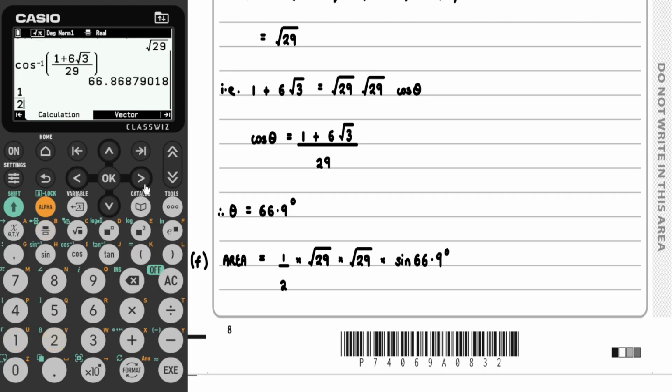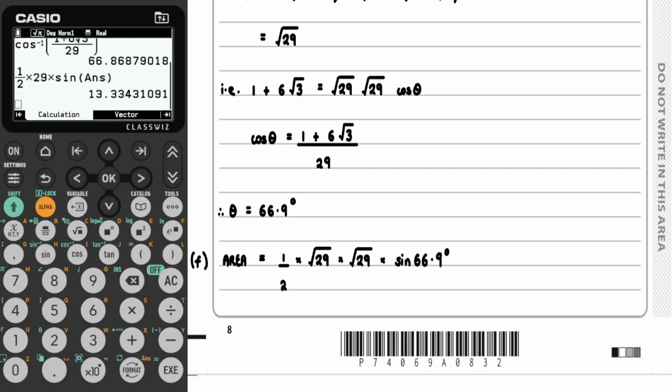I've got a half times root 29 times root 29, which is just 29, multiplied by the sine of 66.86, etc. And it turns out the area will equal 13.3 units squared.